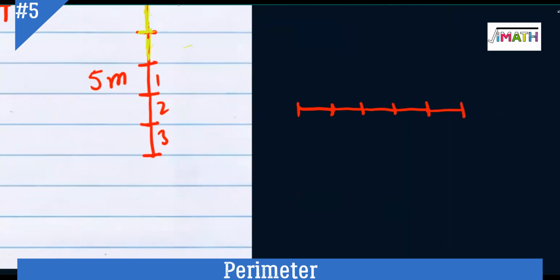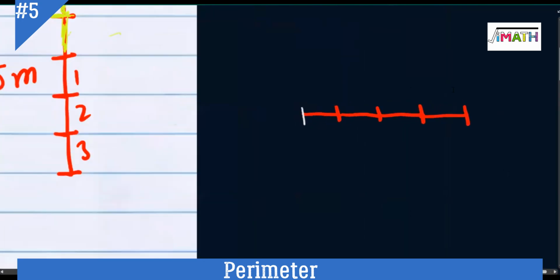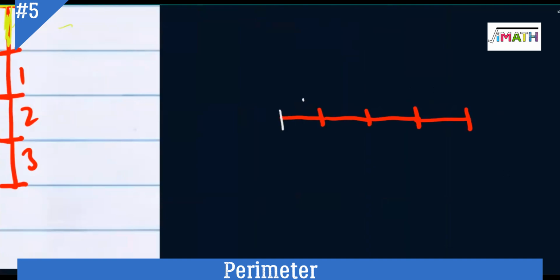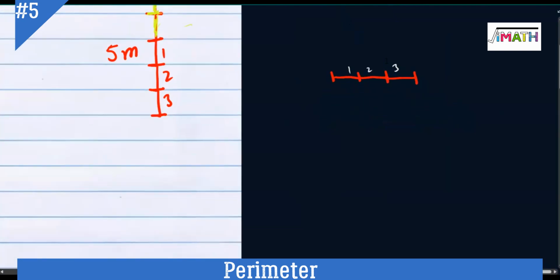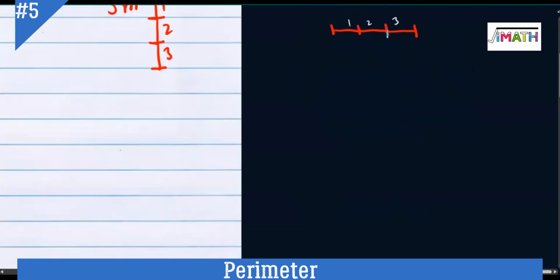If I just remove one segment from here, let's say that this segment is not there, what's the length of the remaining segments? 4. And if I remove another one, how many segments do we have now? 3. Okay.